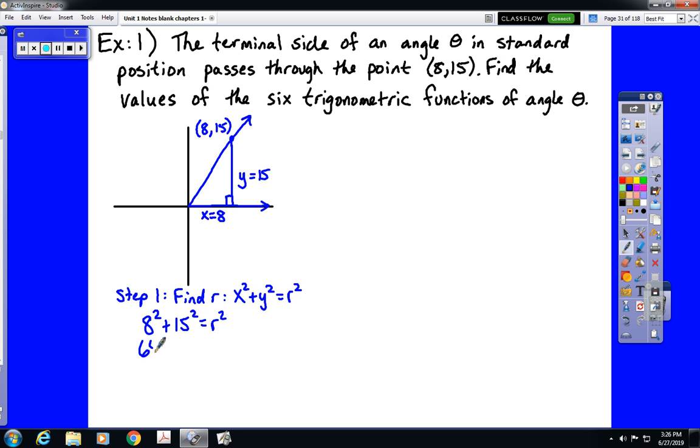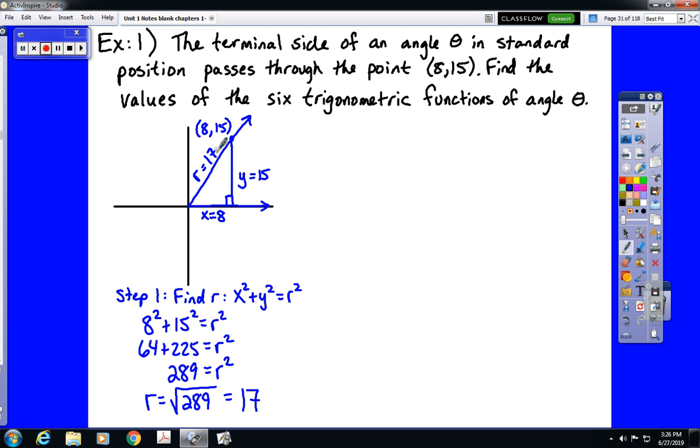That would be 64 plus 225 equals r squared, which would be 289 equals r squared. So r is the square root of 289, which even though in algebra we say that's positive or negative 17, that has to be a positive number because r is a distance. So r is 17.